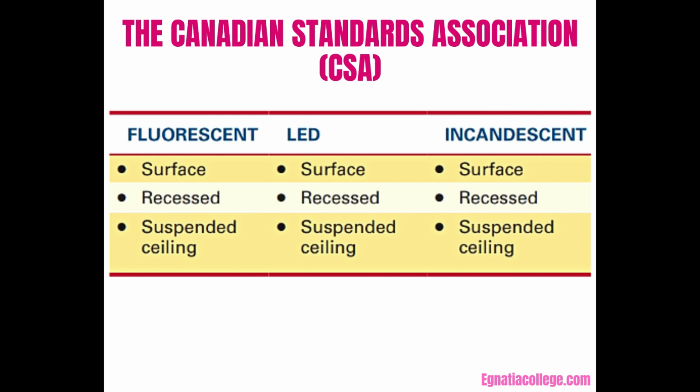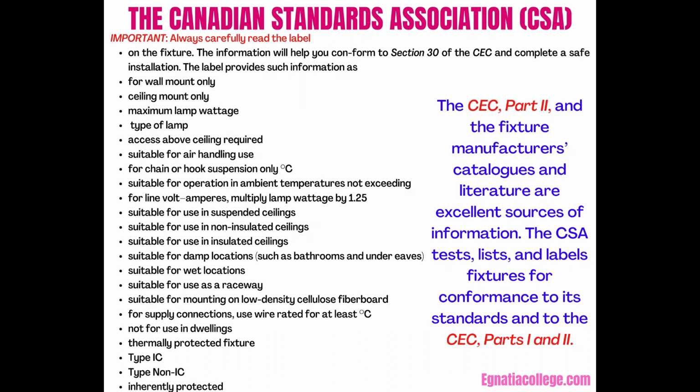Common fixture types are as shown in the table below. Important: always carefully read the label on the fixture. The information will help you conform to Section 30 of the CEC and complete a safe installation.